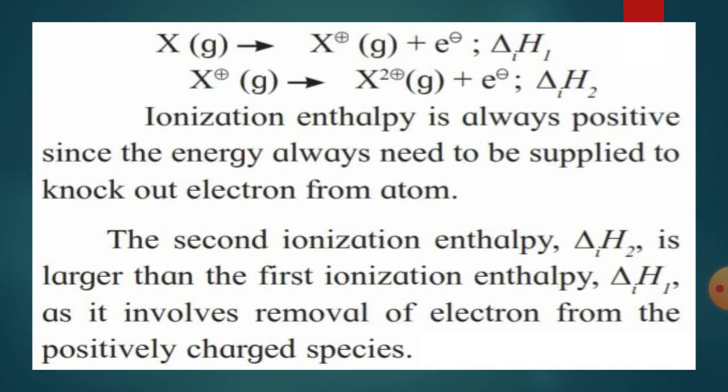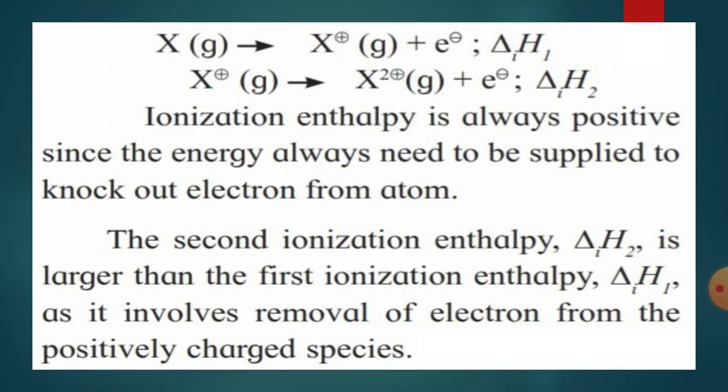So here you see, students, X is a neutral gaseous atom. It has liberated one electron. Here X(g) means X is any neutral atom, and g, written in brackets, means it is in the gaseous state. Arrow is there.